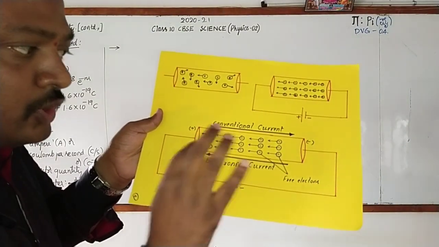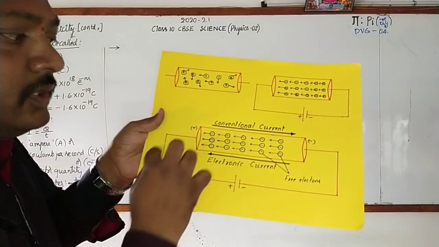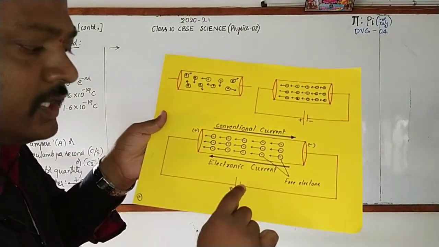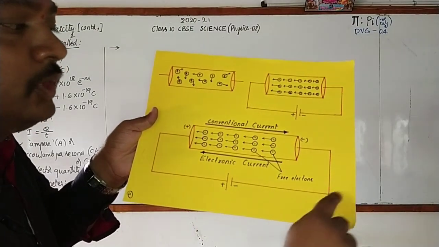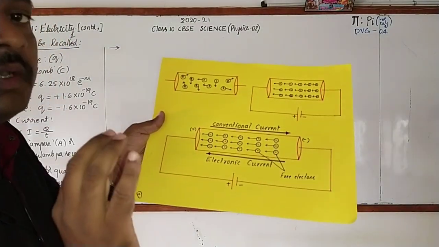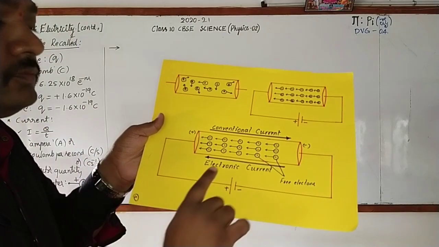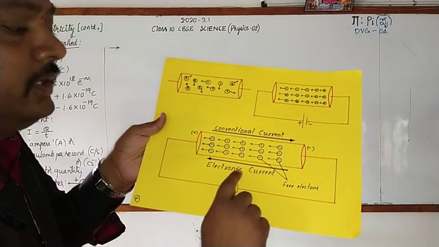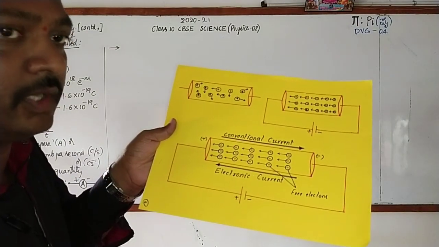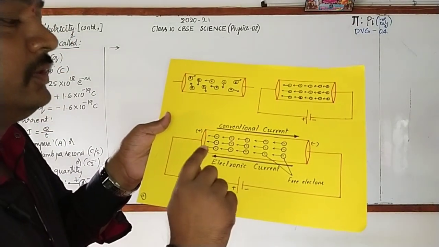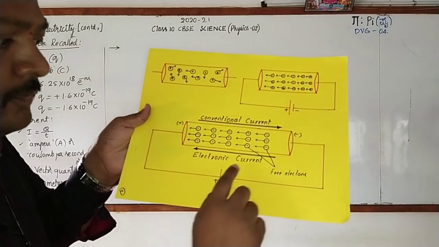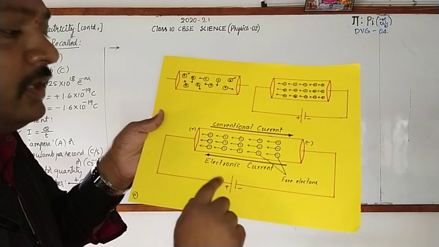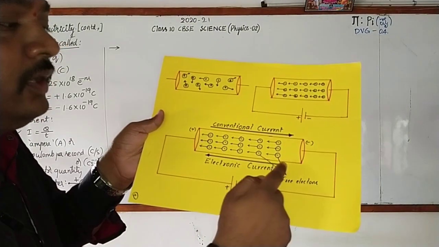This is the actual movement of electrons in the circuit. In any circuit, the electrons will always flow from negative terminal to positive terminal of a battery. And this is called electron current or electronic current. Let me tell you the definition. The current which constitutes the flow of electrons from negative terminal to positive terminal is called electron current.